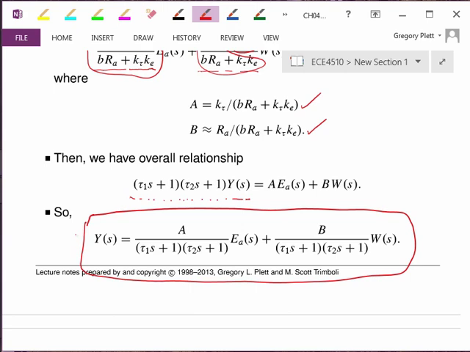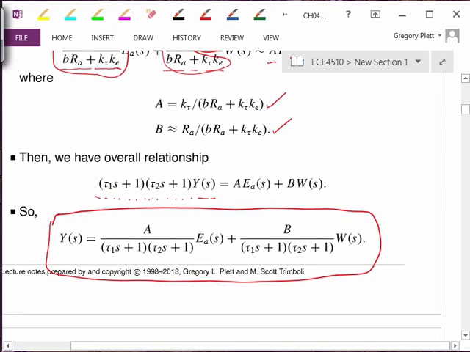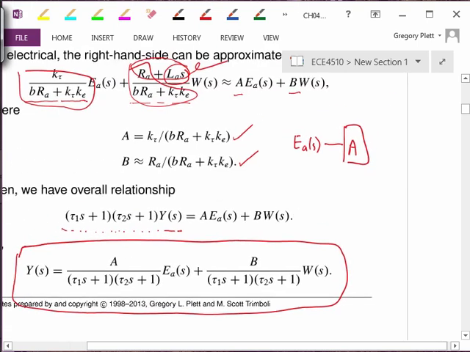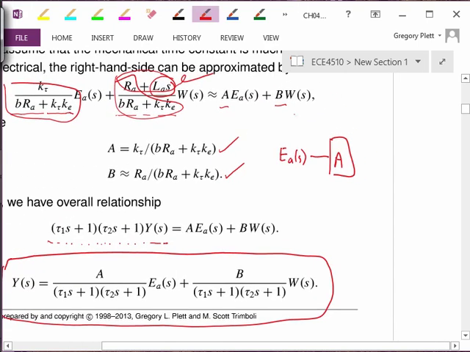If you want to write this in a block diagram form, it might be helpful for you to think about it that way. What we have is the actual input, EA of S, and that is going through, well, I guess we could say that it's going through a gain A, and we have the disturbance input, which is not the desired input, but it's still there.